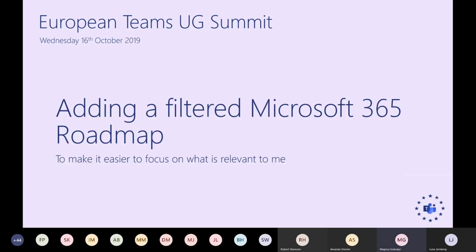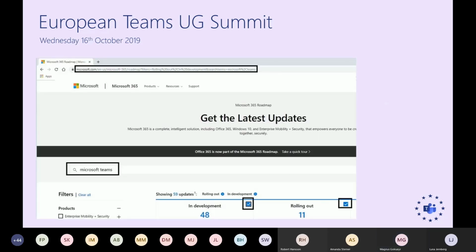We will now continue to tailor the channel for the service. And since the service owner needs to focus on his or her application, we filter the Microsoft 365 roadmap so that it only shows what is relevant to him or her. We are not interested in the past, so now we filter and thus generate the URL, and then we copy it for later use.